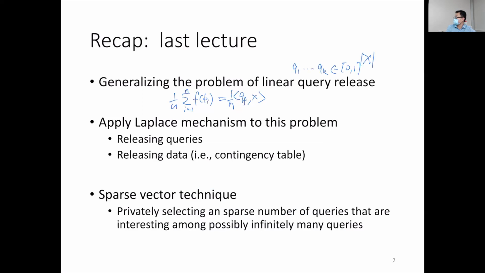Say if there are d Boolean features, and this is a vector of 2 to the power of d long. And we've applied what we know, Laplace mechanism, to this problem in 2 different ways. In the first way, we apply it to just directly add a fresh random noise to each one of these Q1 to Qk.